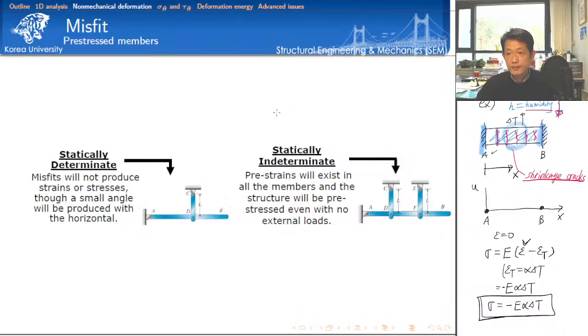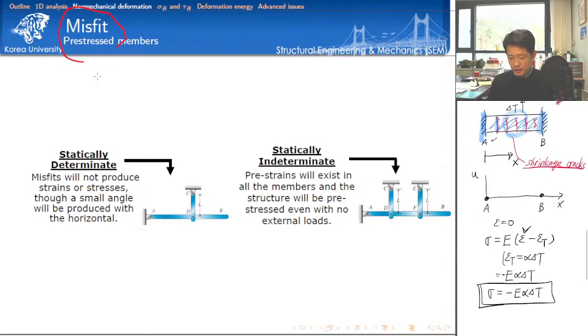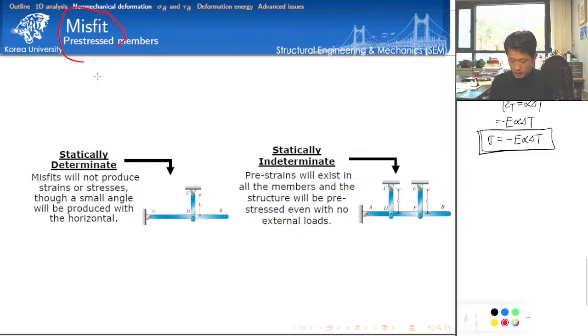Okay, now let's talk about the misfit. The thermal strain and the shrinkage strain are not the only causes which produce non-mechanical strain. The pre-stressing technology would produce non-mechanical strains. Okay, let's talk about the pre-stressed concrete.